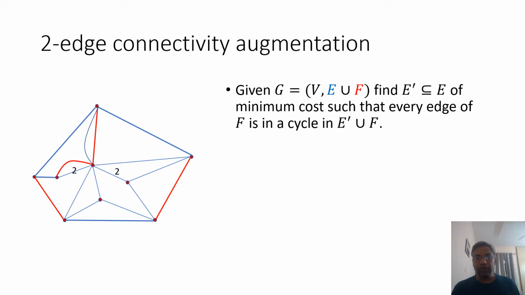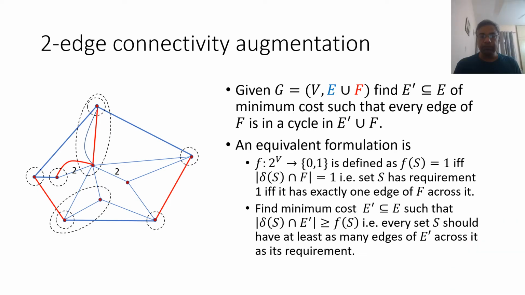Now what we want is to find a subset of the blue edges, a subset E prime of E, of minimum cost such that every red edge is in a cycle in E prime union F. So in this example, if you look at the dark blue edges, then they form a subset E prime such that every red edge is in a cycle.